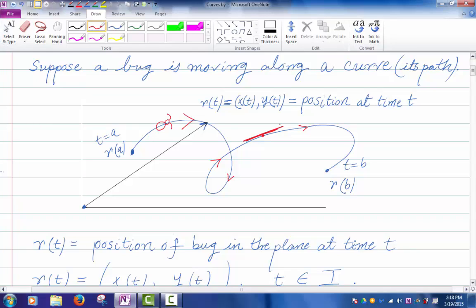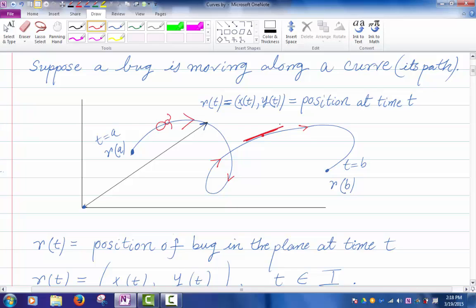Because if you think of this as the path of a moving object, maybe a bug, or the path of a satellite or something else, the slope is going to indicate the direction of motion at that point.